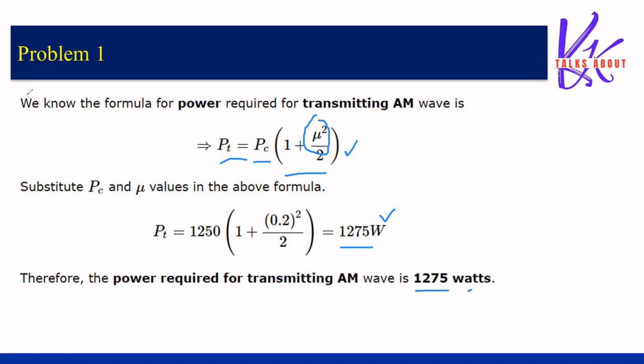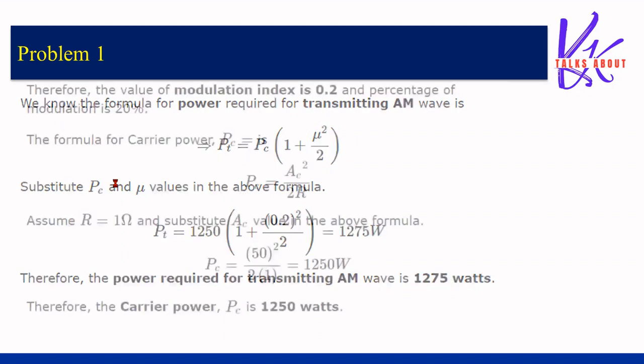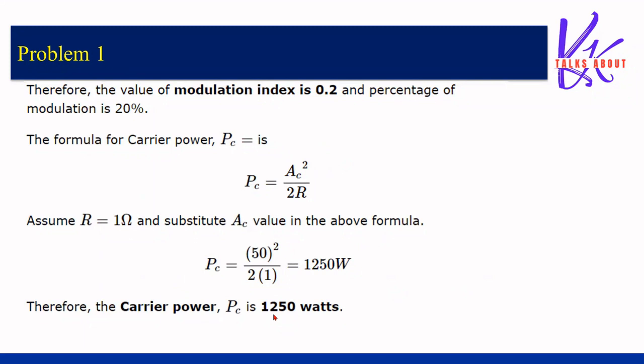In this, again you need to observe. The total power itself is 1275 watts. So what is the power utilized by your carrier? 1250 watts. That means only 25 watts is the power which is utilized by your sidebands.